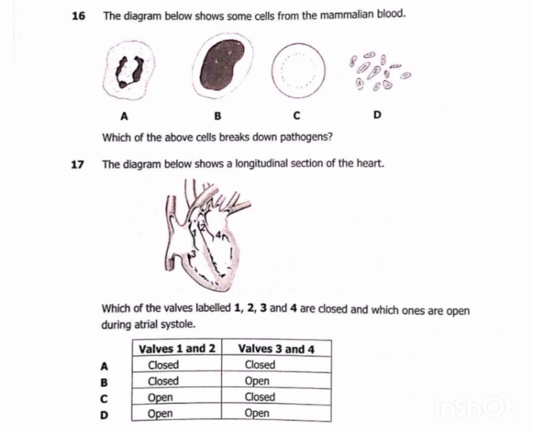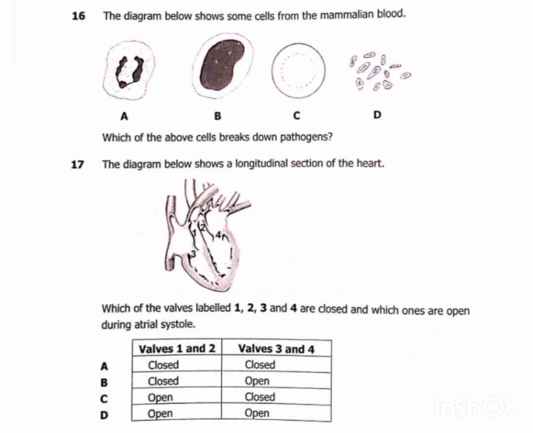B, lymphocyte. Lymphocytes produce antibodies which destroy pathogens. Then C, red blood cells, transport oxygen. And then D, platelets, they help in blood clotting.